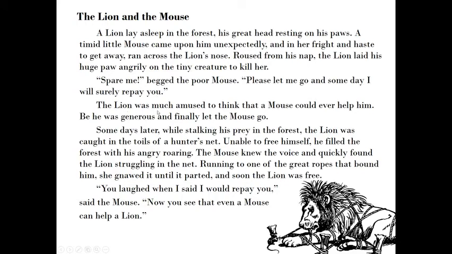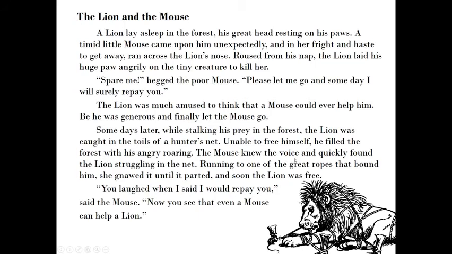The lion was much amused to think that a mouse could ever help him, but he was generous and finally let the mouse go. Some days later, while stalking his prey in the forest, the lion was caught in the toils of a hunter's net. Unable to free himself, he filled the forest with his angry roaring.